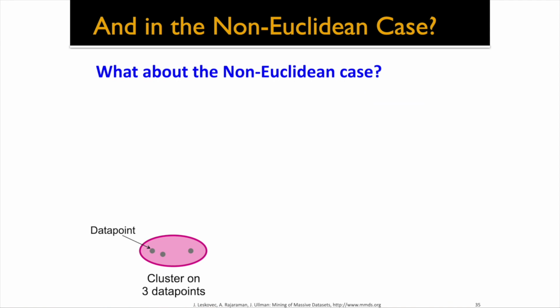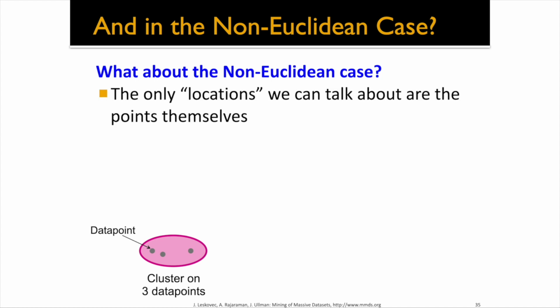But in the non-Euclidean case, where we're talking about maybe cosine distance, or Jaccard similarity or Jaccard distance or something like that, then the Euclidean case starts to break down because we can't really talk about averaging anymore. If we talk about 2 points and their cosine distance, we're no longer talking about what is the average point between them.